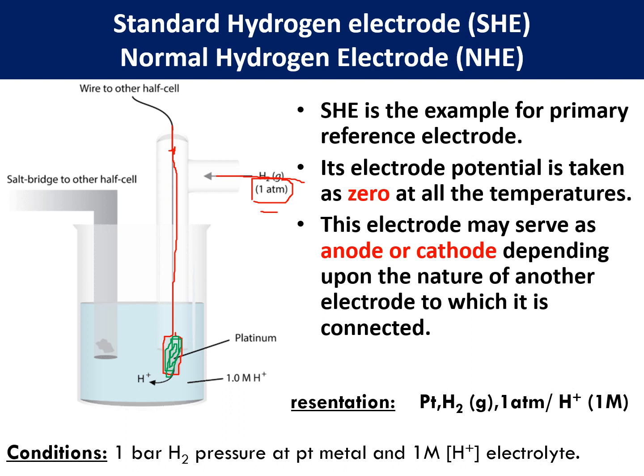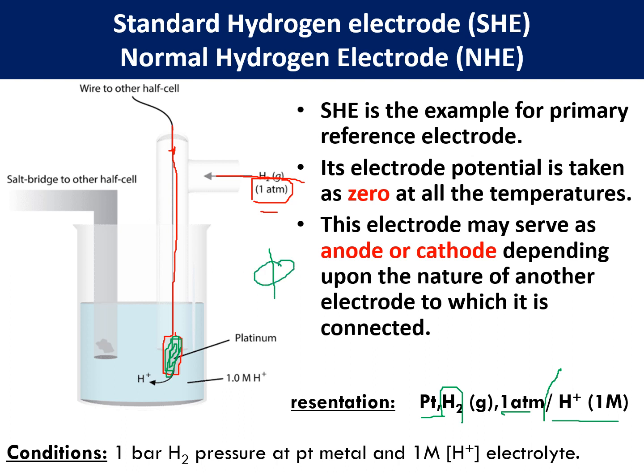We can represent this electrode like this. Here we take platinum metal. On that platinum metal, hydrogen gas is absorbed. So it is at 1 atmosphere and it is dipped into 1 molar hydronium ions. Okay, this is the representation. The platinum wire is there. On that platinum, hydrogen gas is there.